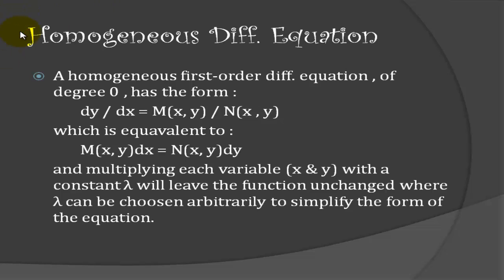Now, multiplying each variable x and y with a constant lambda will leave the function unchanged, where lambda can be chosen arbitrarily to simplify the form of the equation.